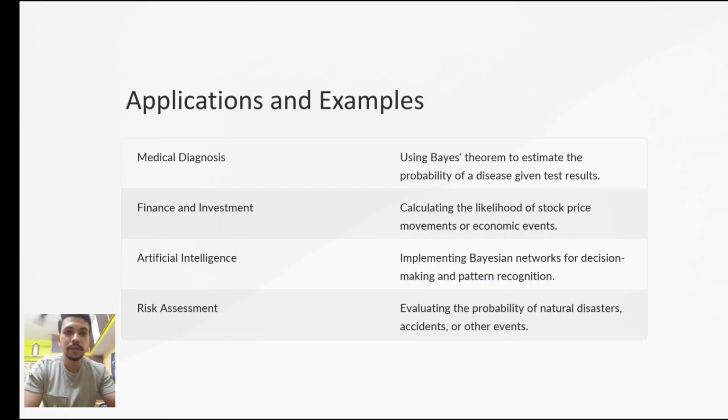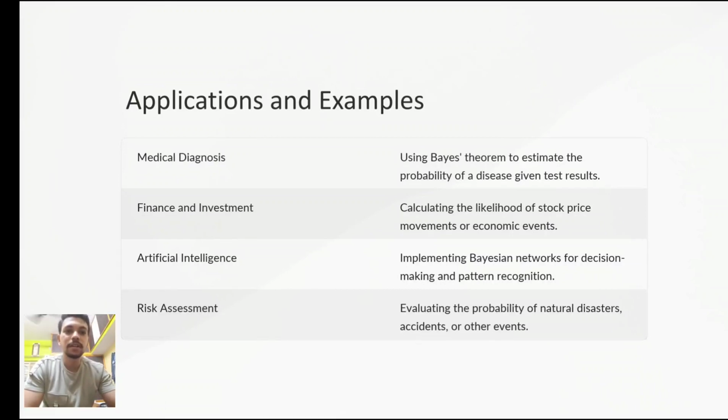The next one is applications and examples. Medical diagnosis. The medical diagnosis is using Bayes theorem to estimate the probability of a disease given a test result. And next one is finance and investment, calculating the likelihood of stock price movements or economic events.